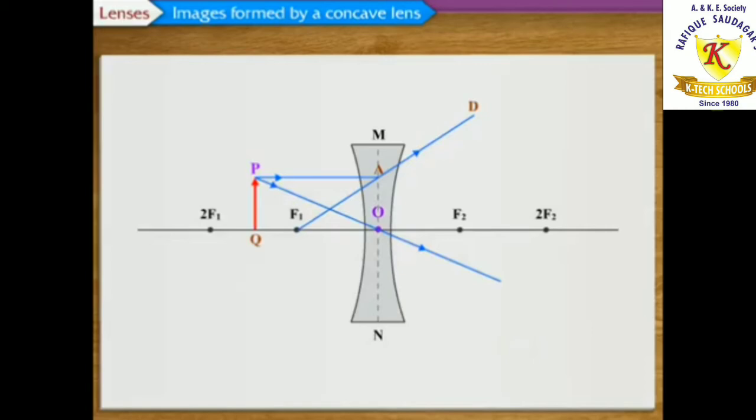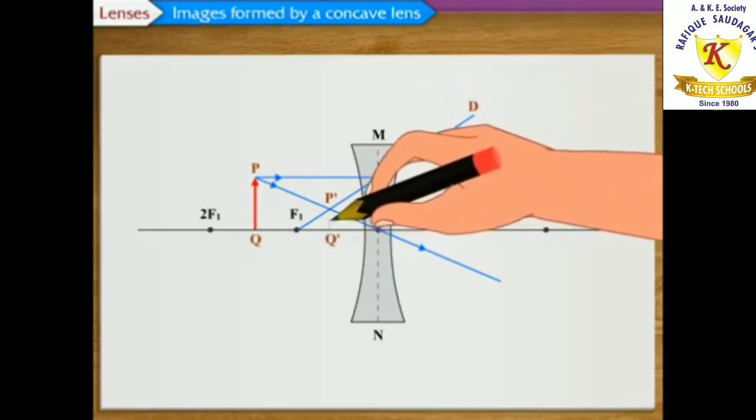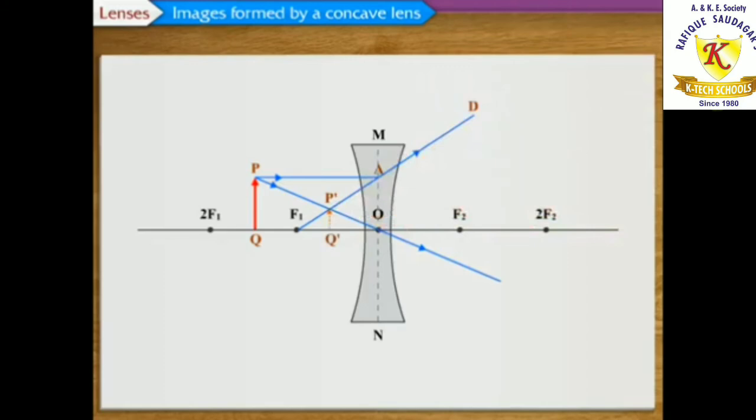PO intersects the extended ray AF1 at P dash. That is, P dash is the image of P. As the point Q is on the principal axis, its image is formed along the axis at the point Q1, directly below P1. Thus, P1Q1 is the image of PQ.